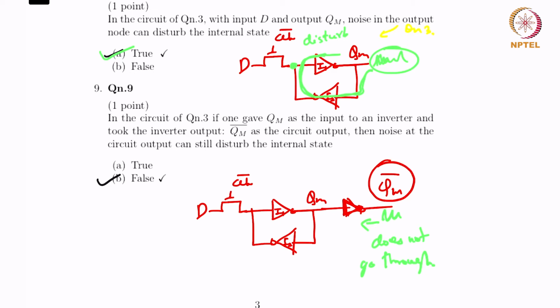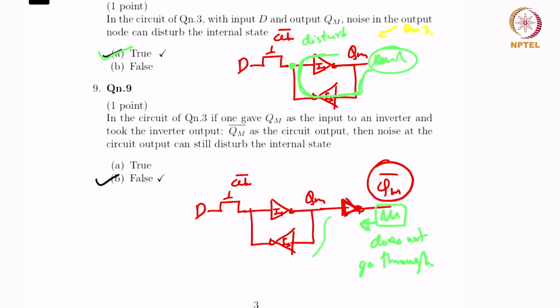Now any noise does not go through as in the previous case. It is just at the output of an inverter and just remains there. It does not go through and affect any of this path, and hence the answer is false.